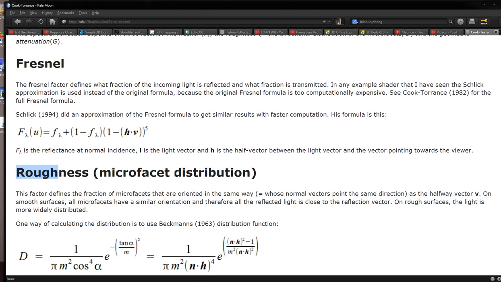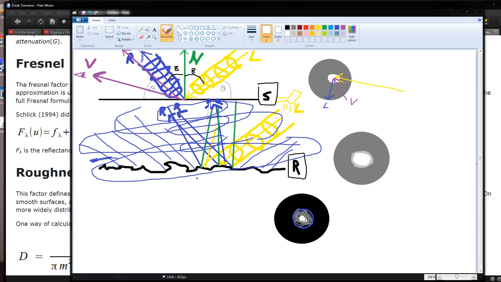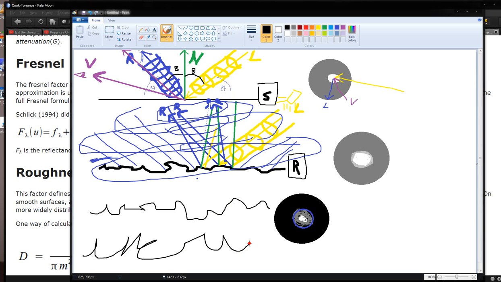It's called microfacet distribution, and that's why it's called D. Microfacet distribution is basically telling us how rough the surface is. So a surface is really smooth versus a surface is rough versus a surface that's quite rough, and a surface is really, really, really rough.